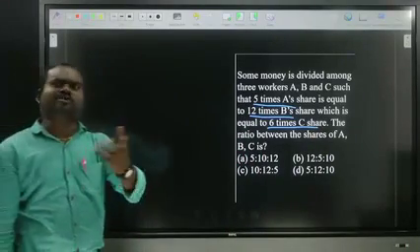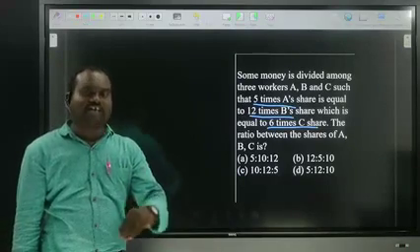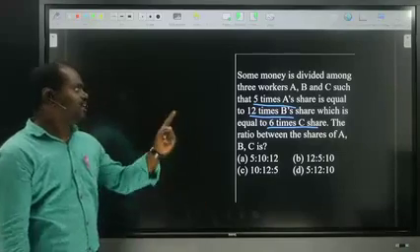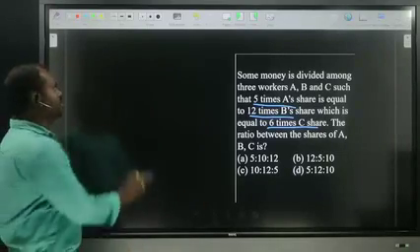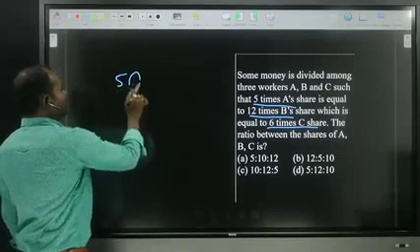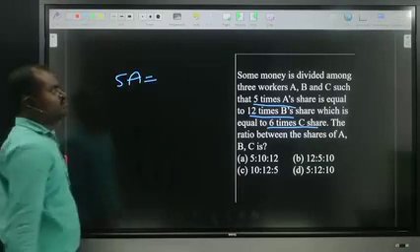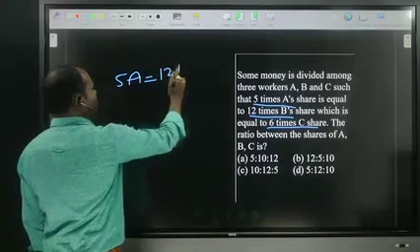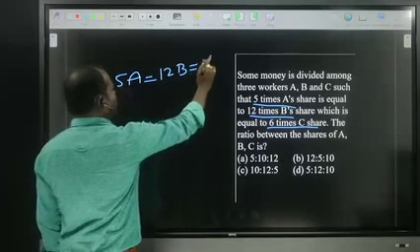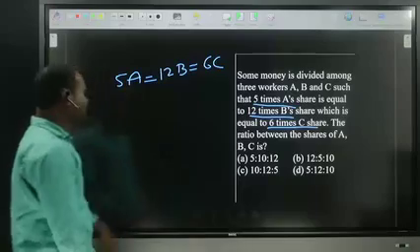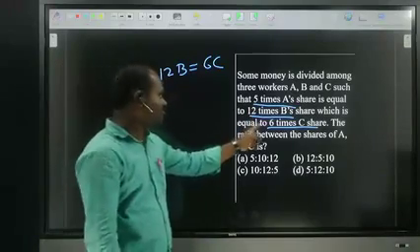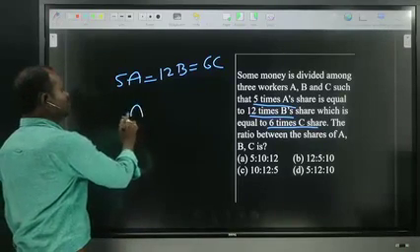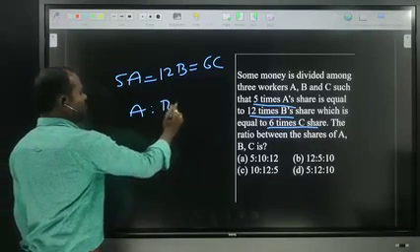Some money, we don't know how much, is divided between A, B and C. What are the clues given? 5A equals 12B equals 6C. From this, the question asks for the ratio of A to B to C.